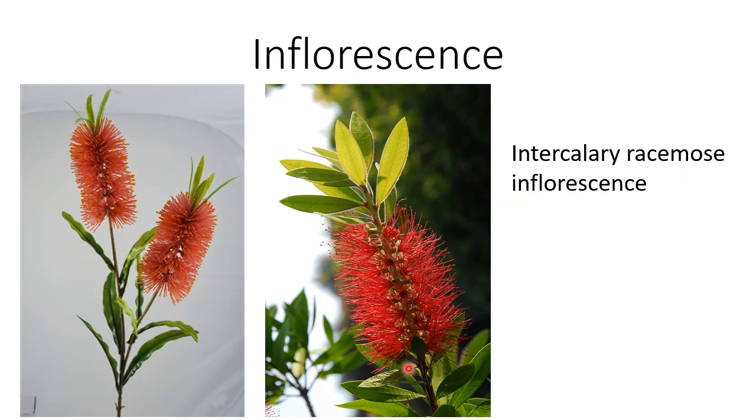But it is intercalary because below the inflorescence there are leaves, and even above the inflorescence the tip has grown, and in between this tip and this base the inflorescence is there. Here you can see, and due to such a structure it is called intercalary racemose inflorescence.